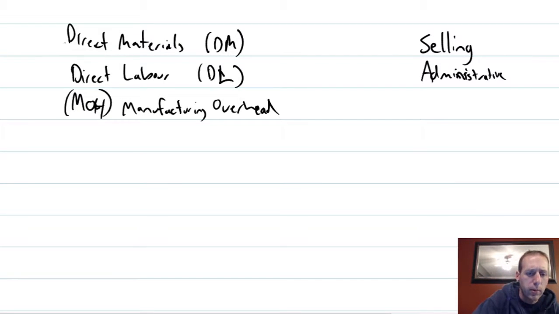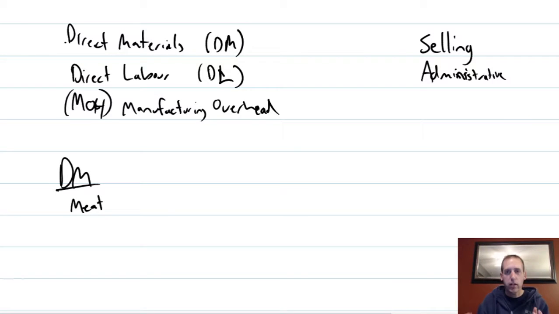If we think about the direct materials of a hamburger, we have things like the meat, which goes directly into the burger. It's directly traceable to the burger. I know every burger has 200 grams of ground beef in it. Maybe the bun. I know every burger has a bun, and every bun costs me 50 cents.